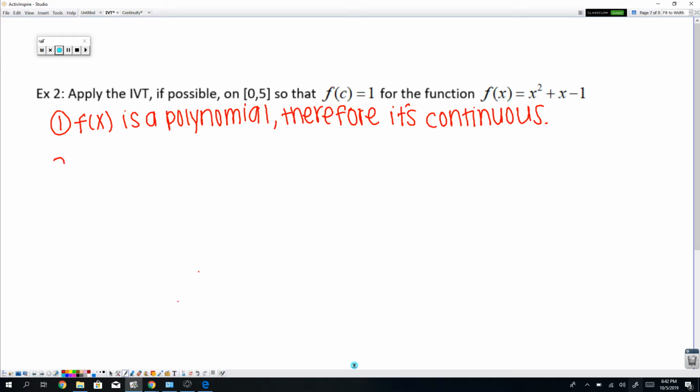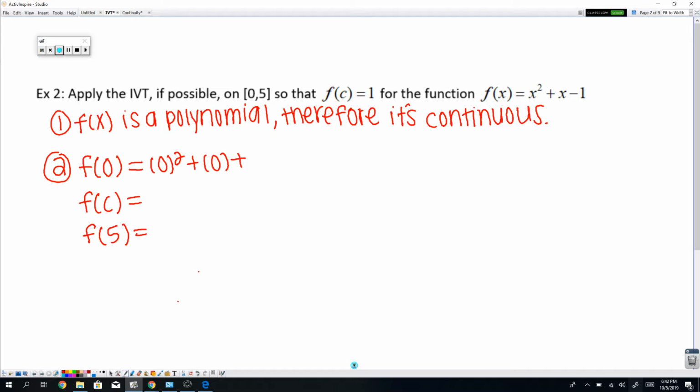Okay? Now we need to go through and do the part where we say f of 0, f of c, and then f of 5. So my goal is to show that it fits in between. So f of 0, I want to show plugging in. I need you to show that you've plugged it in. Okay, so 0 squared plus 0 plus 1 is 1. They want me to say that f of c equals 1.